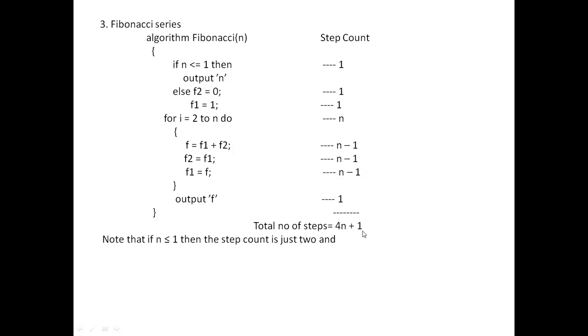So 4n plus 1. So the total count is 4n plus 1. Okay. So note that if this n is less than 1, for this condition checking it is 1. For this output it is 1. So the total count would be just 2. Okay.